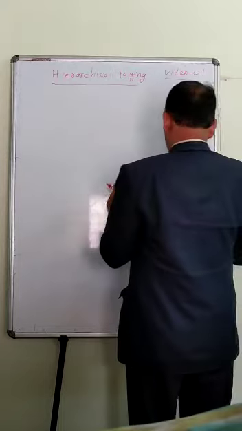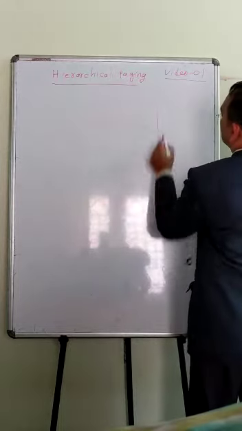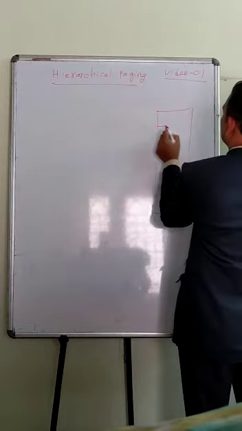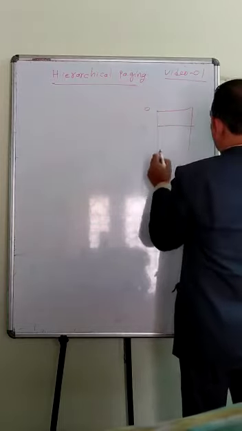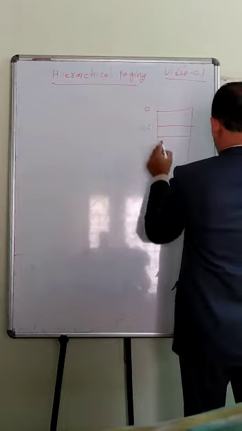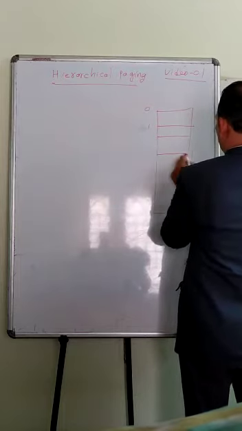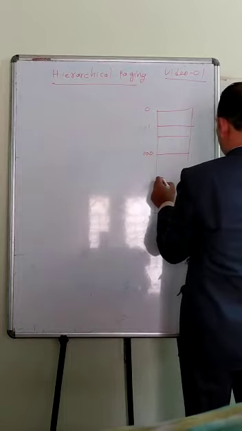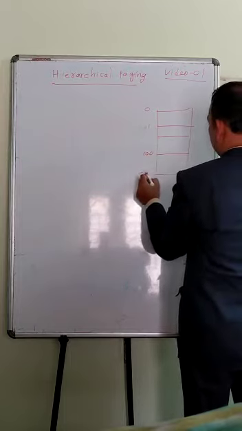Now let us see the diagram of two-level paging. This is the memory. The memory is divided into frames 0, 1, and so on.